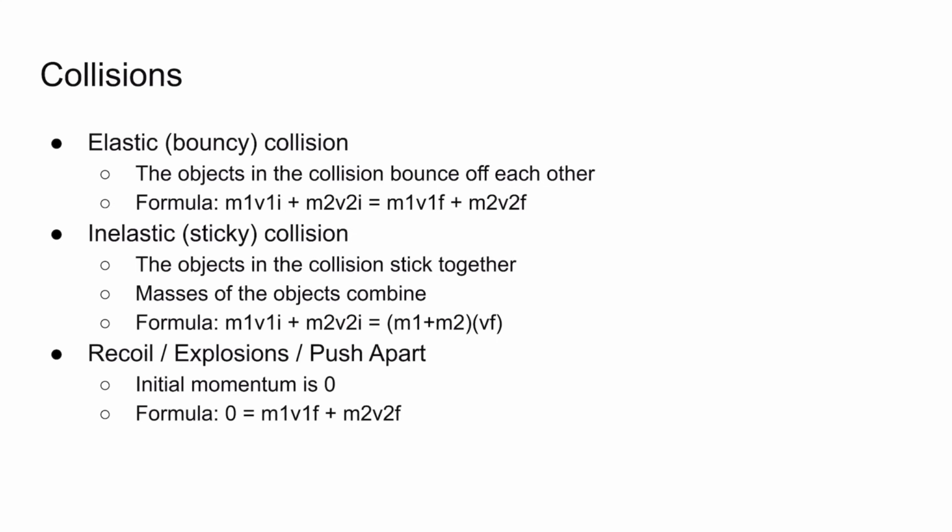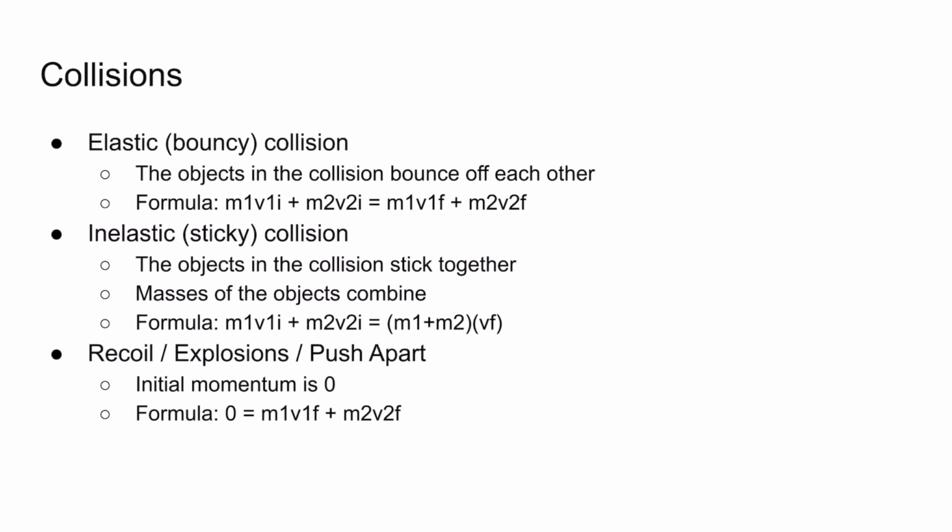So for an elastic collision, the formula is m1v1i plus m2v2i equals m1v1f plus m2v2f. So this is basically just the momentum of the first object plus the momentum of the second object before the collision is equal to the momentum of the first plus the momentum of the second after the collision, since momentum stays the same.